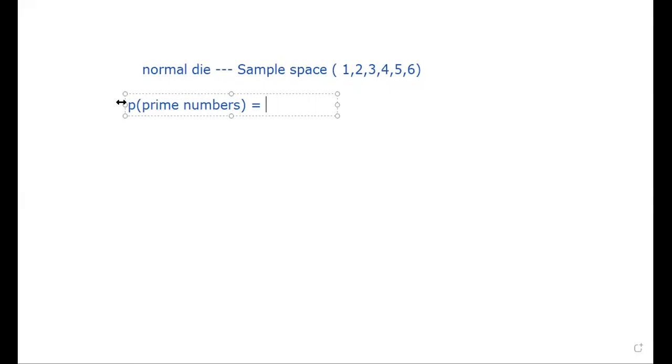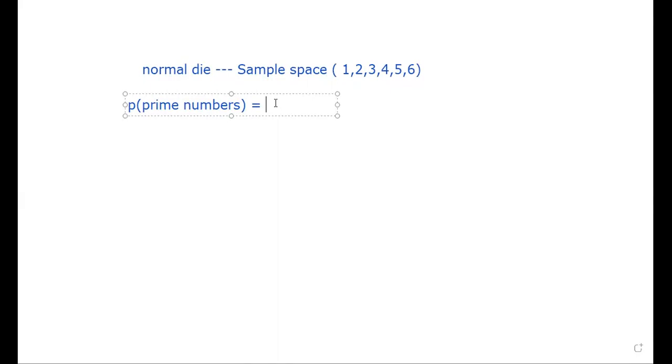Who can solve this question, grade 7? Probability of prime number, it will be... Three over six, yes, Rahma. Could you please tell me the prime numbers, ya Rahma? Which we can see: 2, 3, 5.